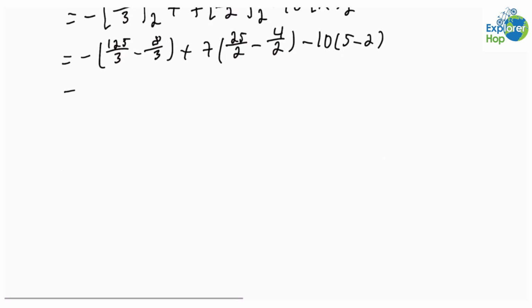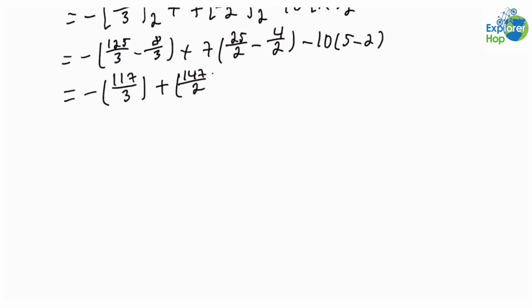which is equal to negative 117 over 3 plus 147 over 2 minus 30.